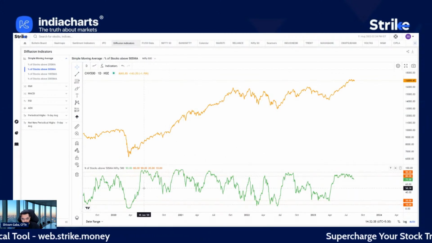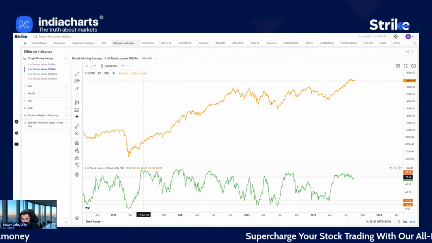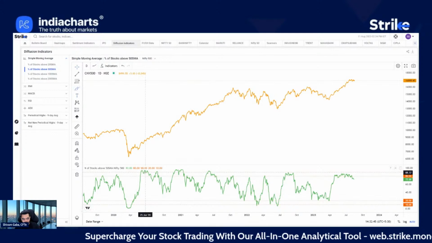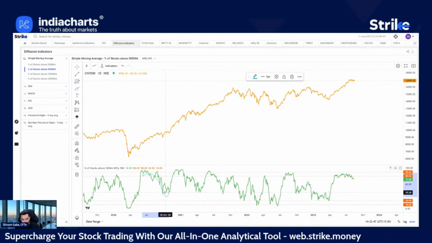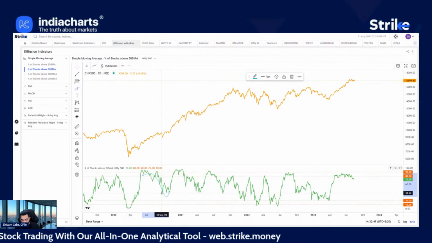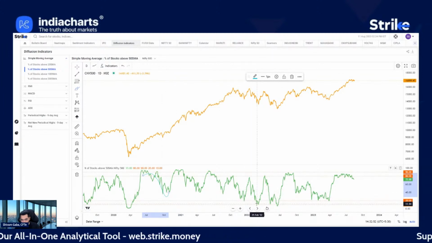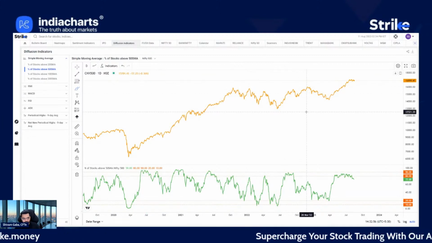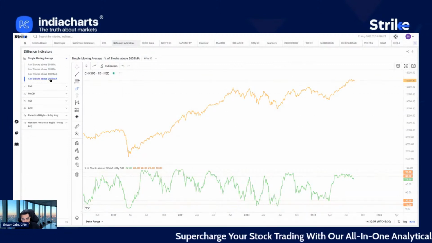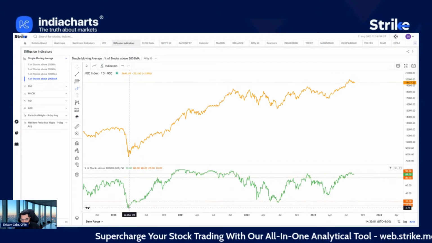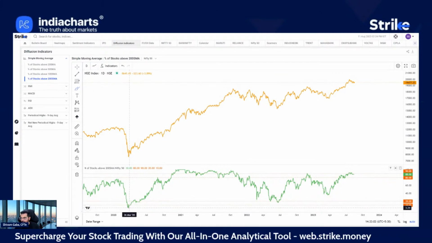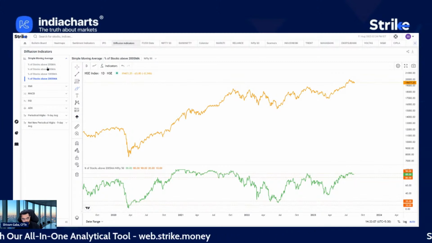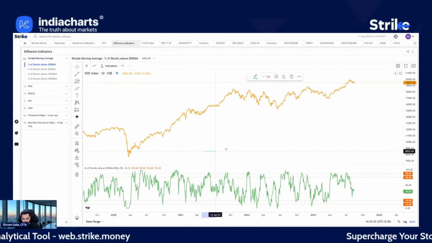So on the 50-day average, you would see that it gives you cycles like this when the number of stocks above 50 SMA comes down to about 40 in the bull market phase and all the way down to 10 in the sideways or the consolidation market kind of thing. So once you have determined that the trend is oversold and from here we are trending, the probability of trending higher is good, then you can switch to a shorter term average to capture the cycles.